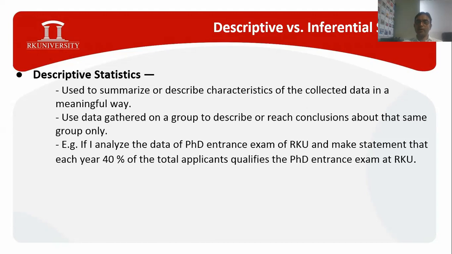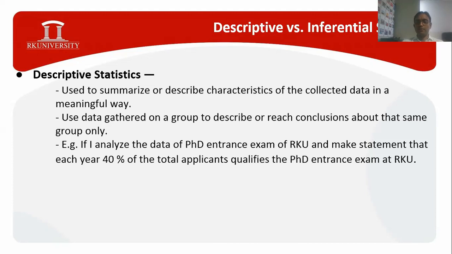So here I have collected the data from the database of the RK University PhD entrance exam, and I'm also reaching the conclusion about the applicants who are appearing for the PhD entrance exam of RK University only. I'm not making any generalized statements that across India or across Gujarat, only 40% of the applicants used to qualify the PhD entrance exam.